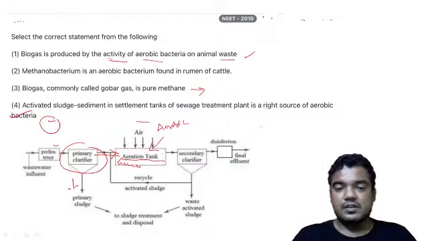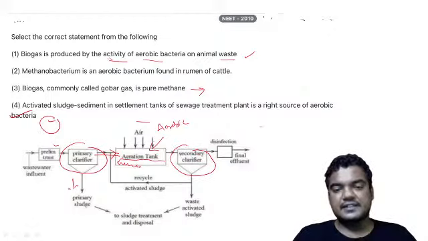Then this water is transferred to the secondary clarifier. This again is a settlement tank. In this settlement tank, what happens? The aerated tank water contains the microbes, and those microbes settle down in the secondary clarifiers.